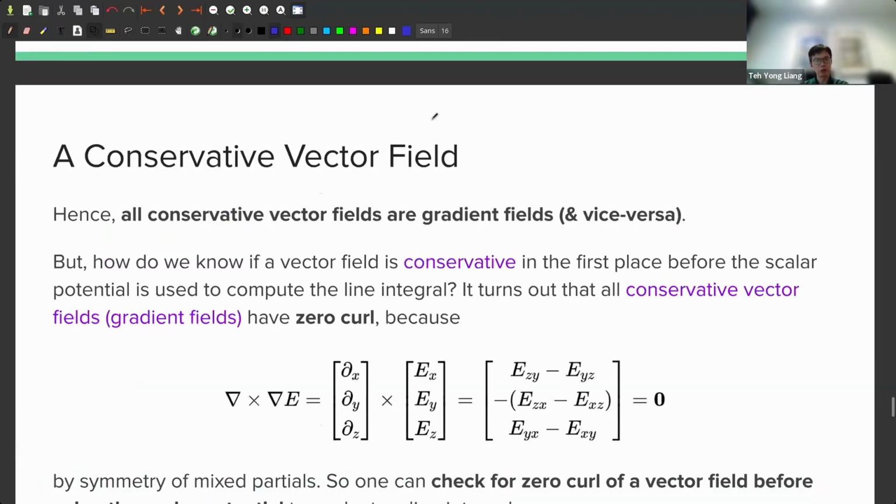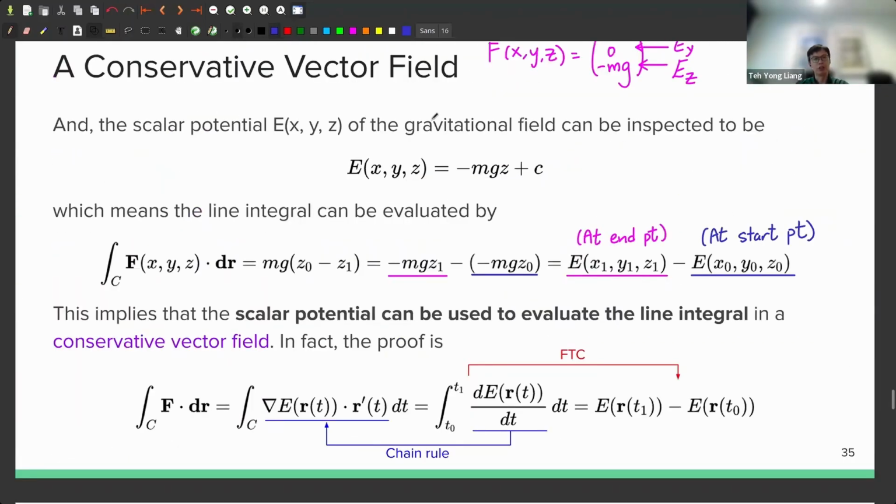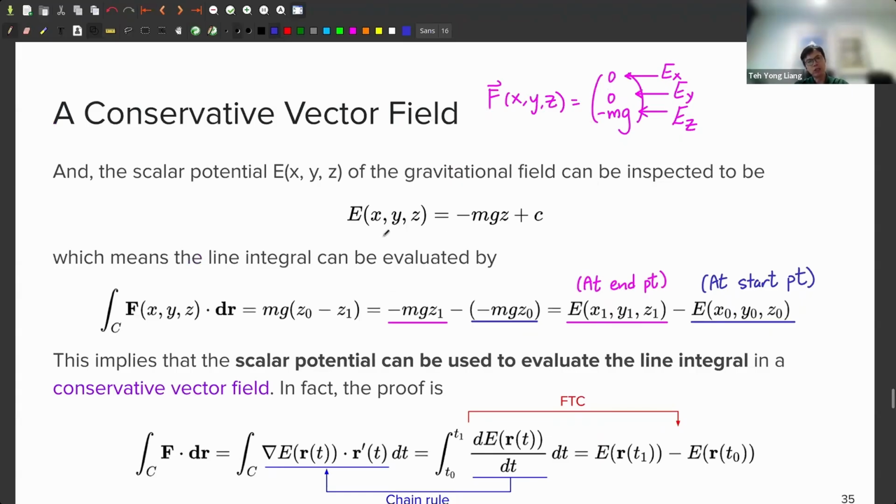Because in order for the scalar potential to exist, the vector field here must be a gradient vector. If it's not a gradient vector, how can you integrate to get the scalar function? Because how do you get this gradient vector in the first place?